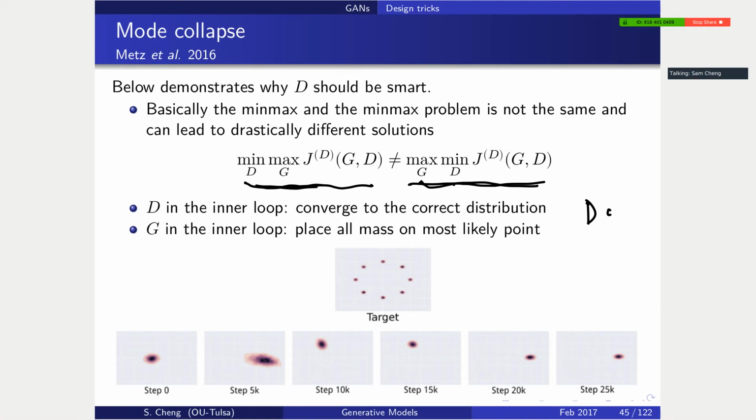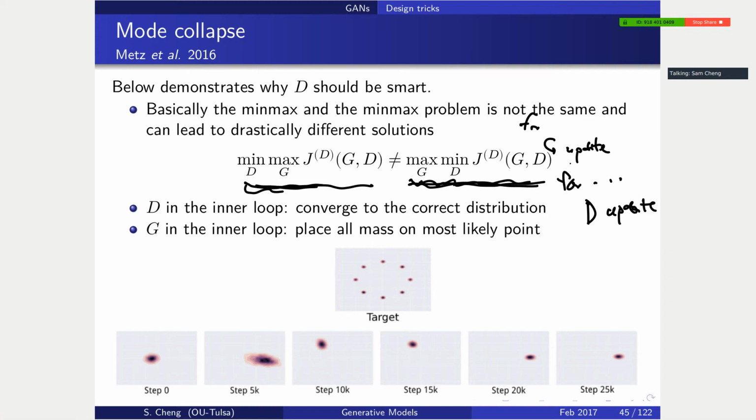Let's say you have the update here, and then some loops here, and then outside you have the G update, and then maybe you have more loops here. This will be for the right hand side case, and the left hand side will be the exact opposite. Basically we'll have the G update in the inner loop, and the D update in the outer loop.